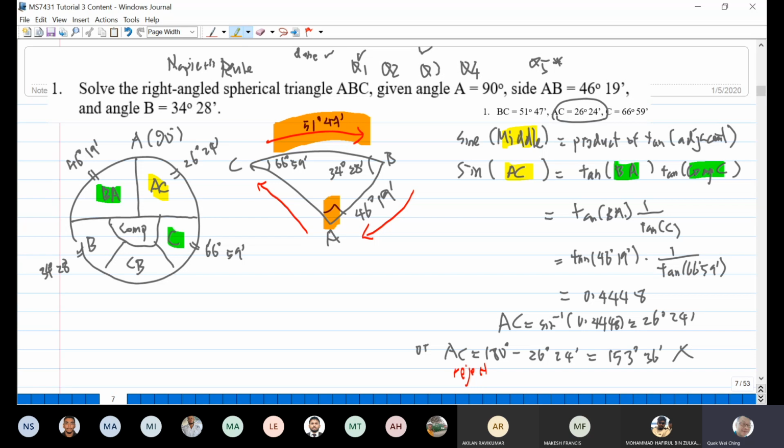So we reject this one because this is too big only. Because of this, AC must be less than 51 degree, 47 minutes, because the largest angle is 90 degree and opposite the largest angle is the longer side. So that's why you know this is the correct answer. So you can WhatsApp this to you.